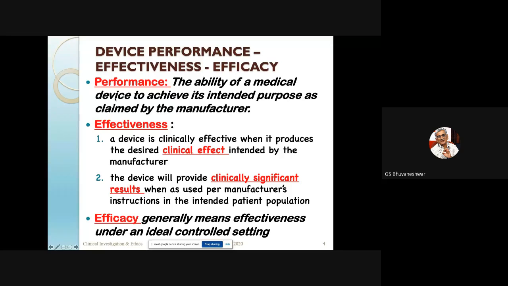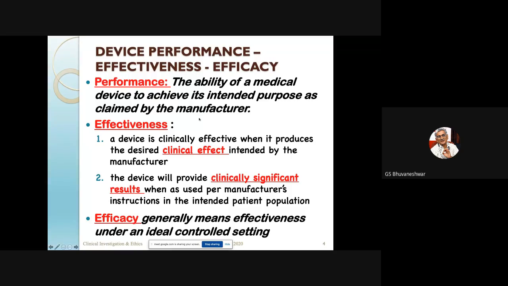What you put down as its specifications, what you claim the device will do, those become performance. So it includes all your specifications, it includes what you say it will do inside the body or outside the body or how it will be used.